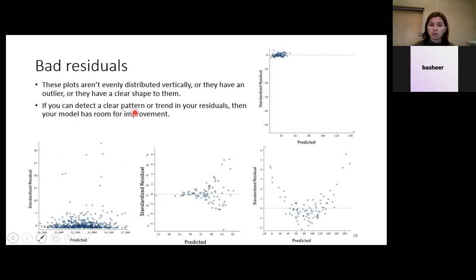If you detect a clear pattern or trend in your residuals, then your model has room for improvement. For example, in this case, you may see a parabolic, quadratic relationship, and you will see it in your practical task.